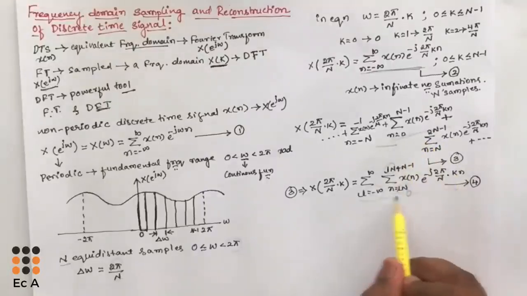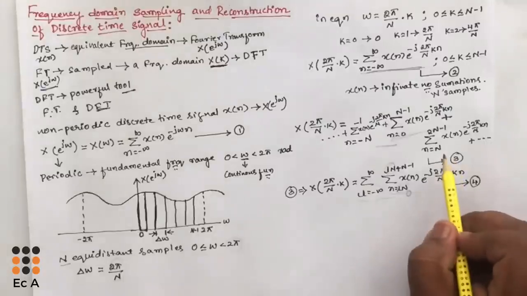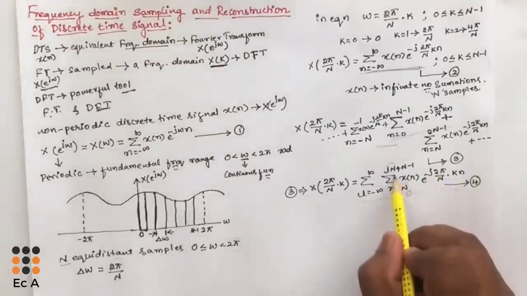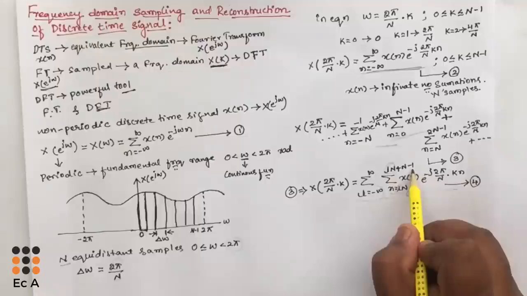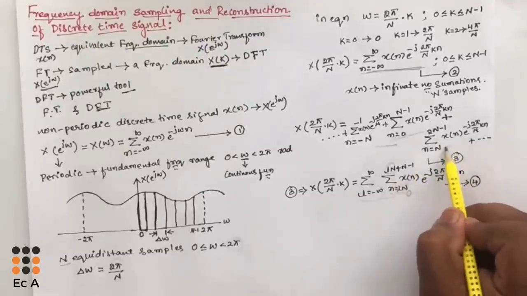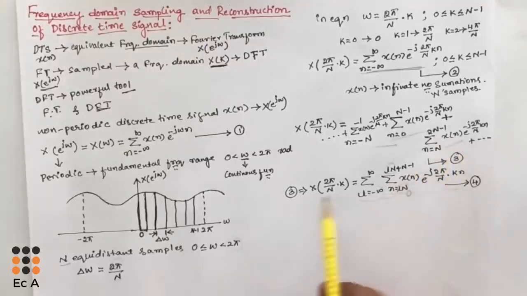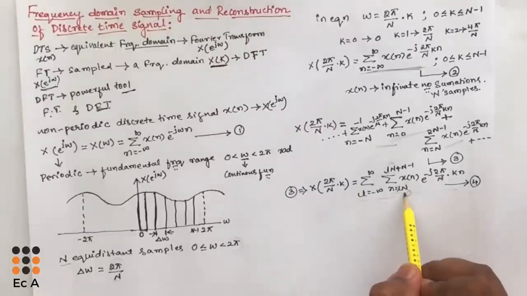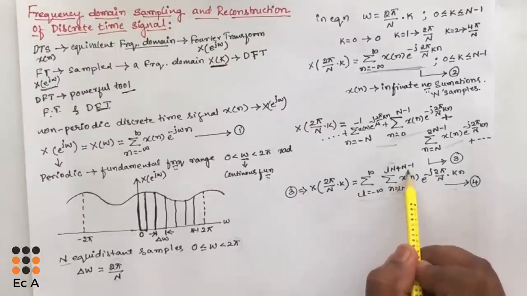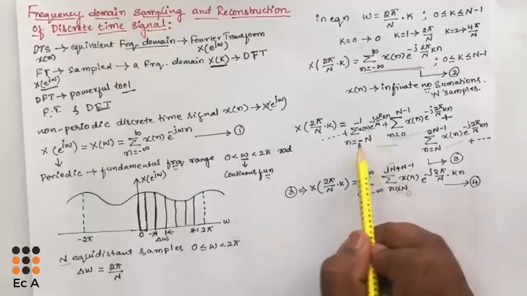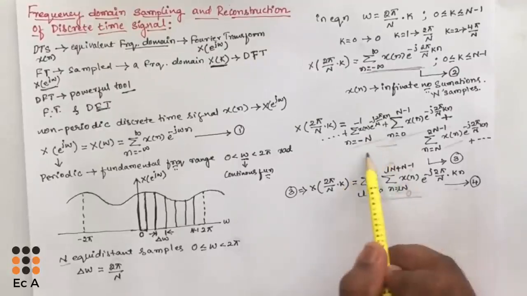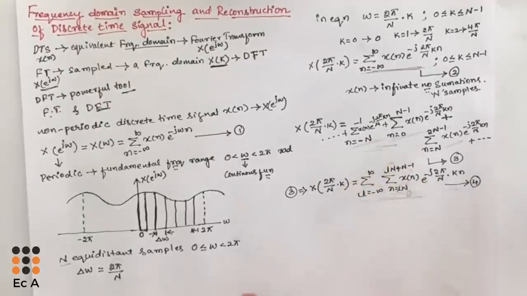Now if we put L is equal to 1, we will get n is equal to capital N up to 2N minus 1. So we will get this term. If you put L is equal to minus 1, it will be n is equal to minus N up to minus 1. So we will get this term. So we can say equation 4 is the compact version of equation number 3.